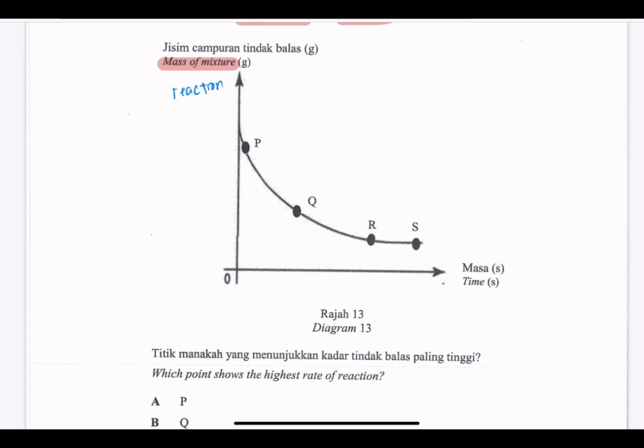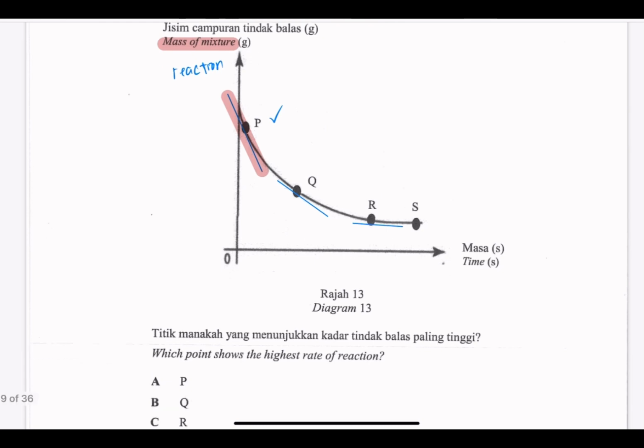The highest rate of reaction should be P. We can refer to the instantaneous rate of reaction. The gradient represents the instantaneous rate of reaction. So definitely the gradient over here is the highest. So the highest rate of reaction is at point P.